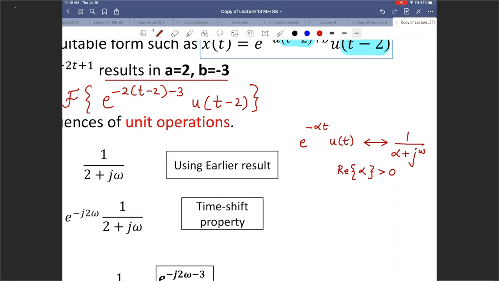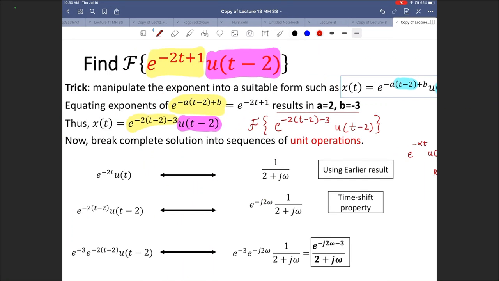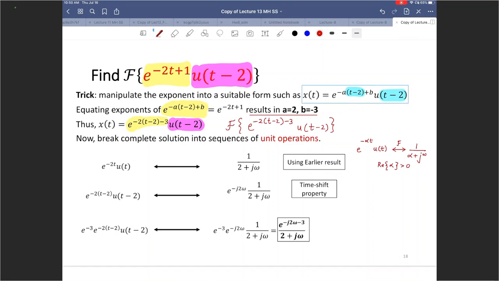We derived this result earlier in the previous lecture. So using this known Fourier transform pair, the Fourier transform of e to the minus 2t u of t will be 1 divided by 2 plus j omega. Known result.